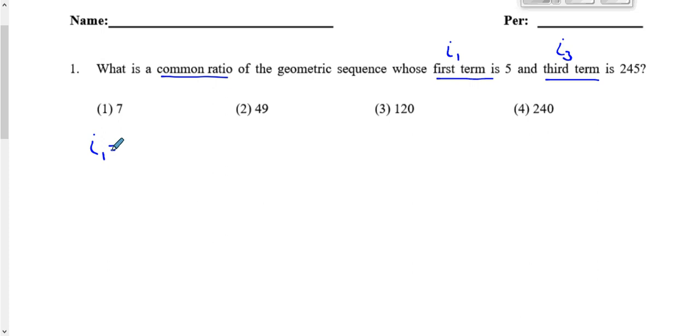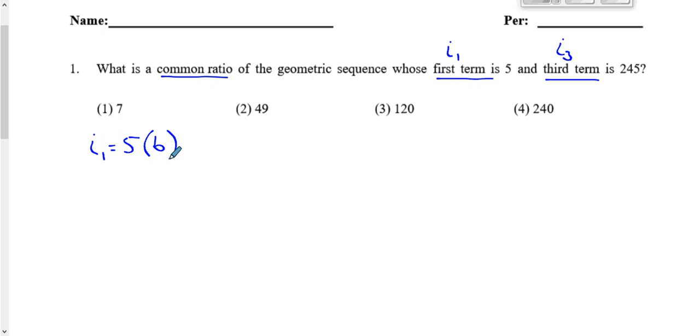I'm going to write my geometric. The first term is 5, right? Times some multiple to what power? Because we know the first term is 5. Right, but what power will this be? N minus 1.